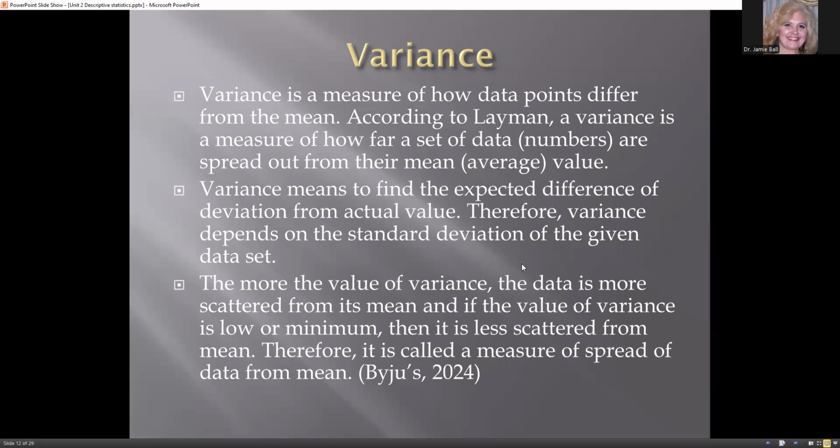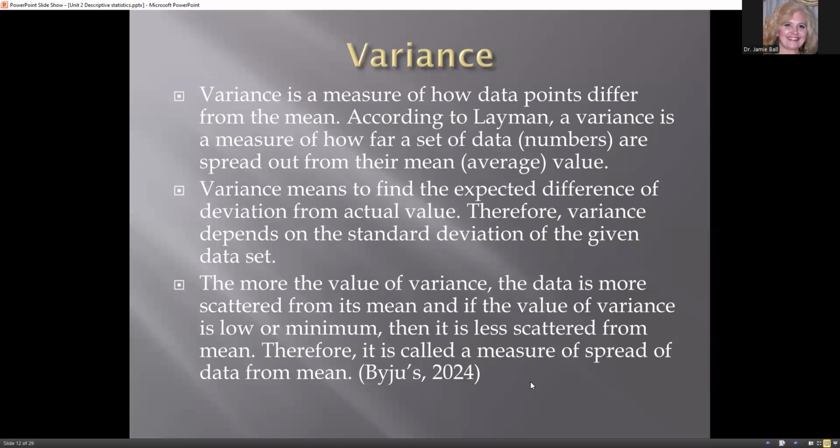So if we know what the mean score is, we can look at the variance and see how far a set of data or a particular score or whatever is from the mean average score. So variance means to find the expected difference of deviation from the actual value.